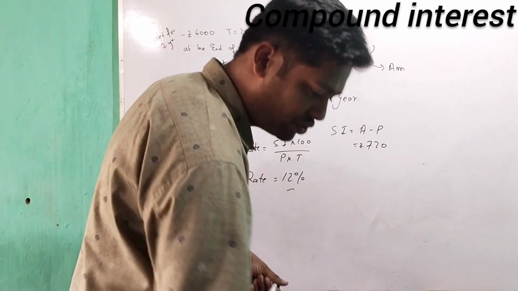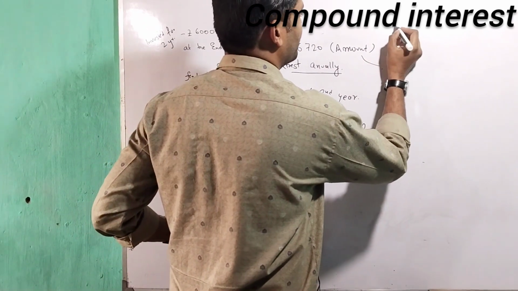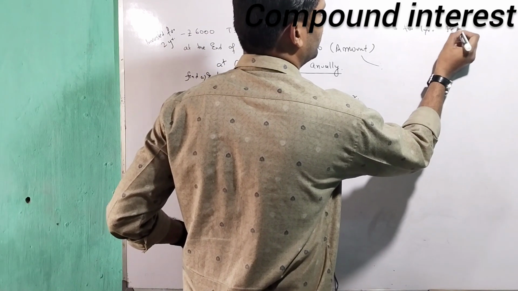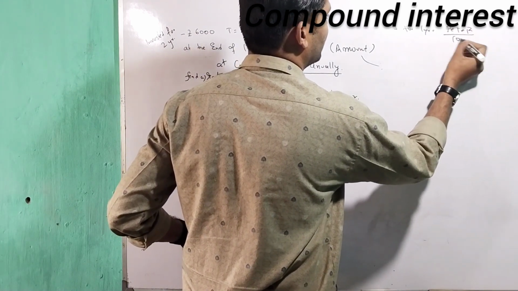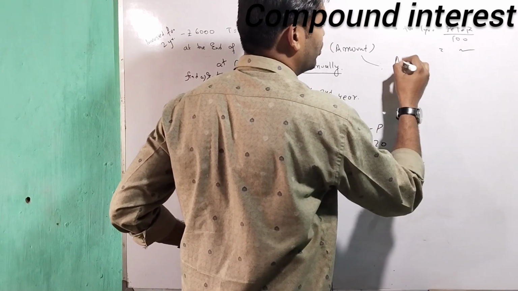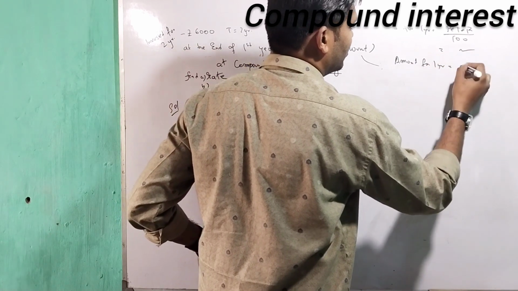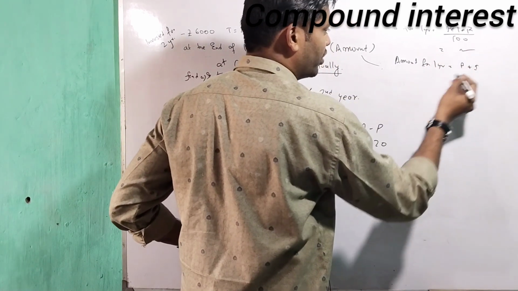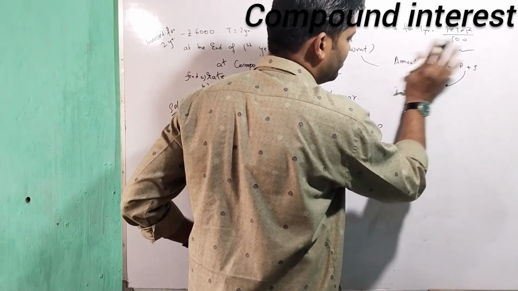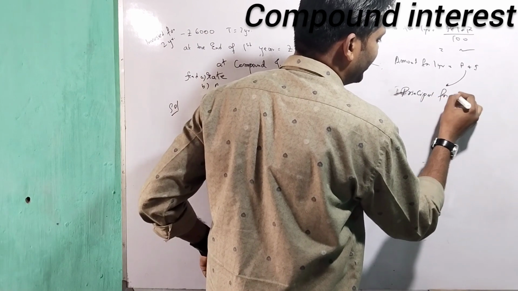Maybe you're getting confused. Okay, let me give you some steps. First, the interest for first year is equal to P into T into R by 100. You get the interest for first year. Then you have to find out the amount for first year, so this one plus this one. Then this becomes the principal for second year, right?